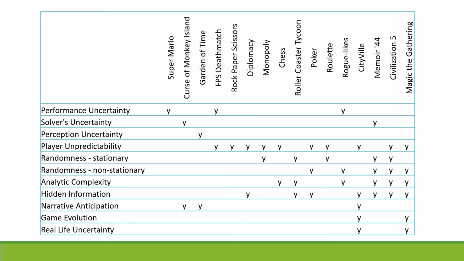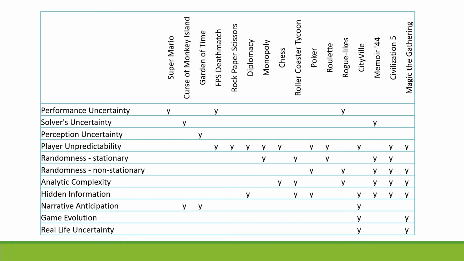As we get to the most complex games on the right-hand side, such as Civilization and Magic the Gathering, they will layer a large number of different mechanics together and challenge the player to solve all of them at the same time. Compared to easier games, or maybe not easier, but less demanding with regard to uncertainty, they will challenge the player in fewer ways and keep the challenge more constrained.